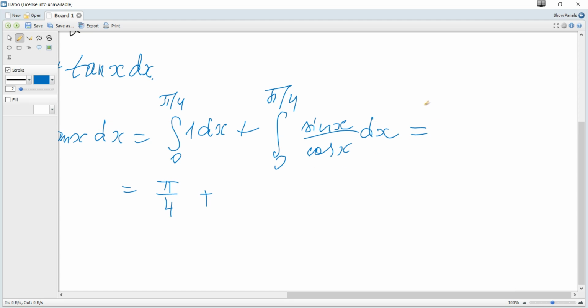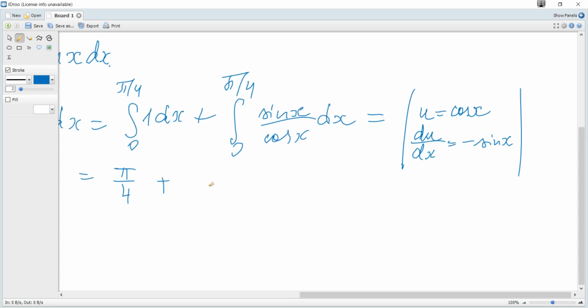And what should be u? u should be the cosine denominator. du over dx, as usual, is negative sine, and it becomes an integral. Limits also change, and sine dx becomes du over negative sine, and cosine is u.